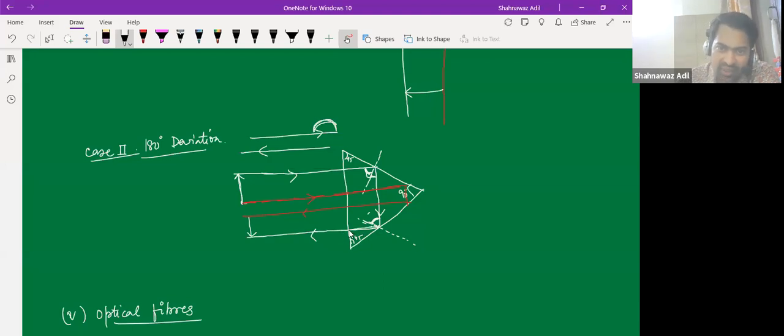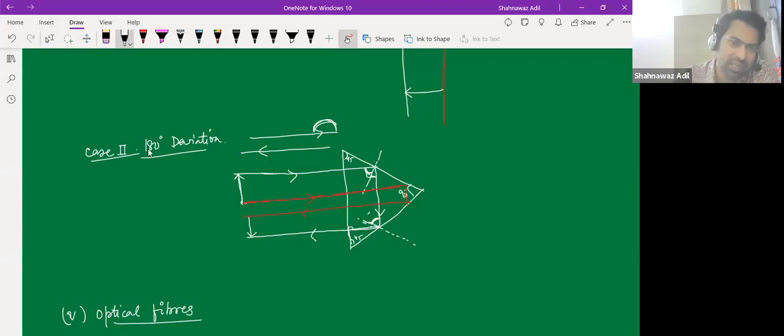And at this surface, this is falling normally, so it will go past this surface, right? So at two surfaces, refraction is happening. And at two surfaces, reflection is happening, right?